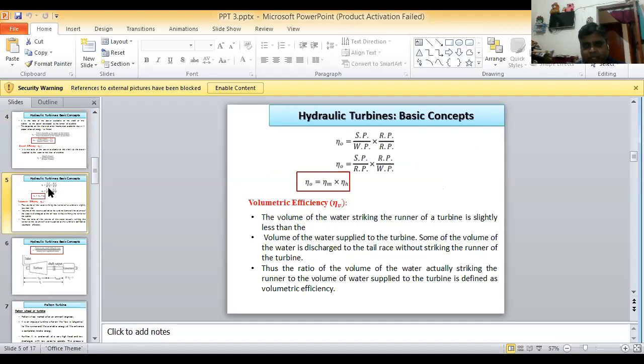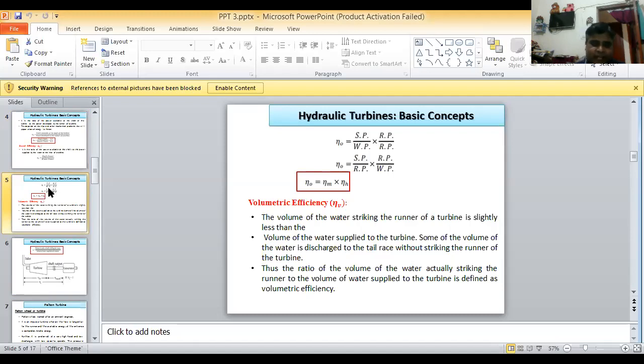That means SP upon RP into RP upon WP, and you know that SP upon RP is mechanical efficiency and RP upon WP is hydraulic efficiency. That means overall efficiency is equal to mechanical efficiency into hydraulic efficiency. This is a very, very important relationship between mechanical, hydraulic, and overall efficiency.